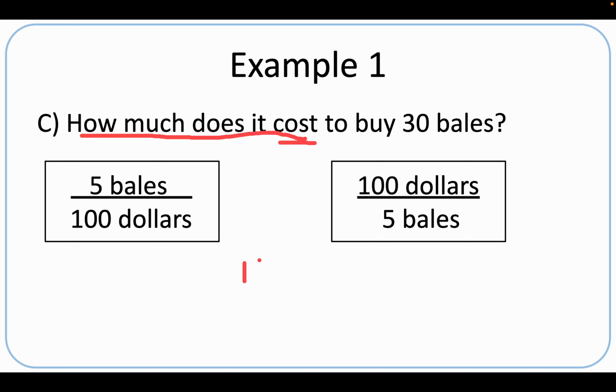So I'm going to do $100 for 5 bales. And then we're going to multiply it by 30 bales, which is how many we want to get.